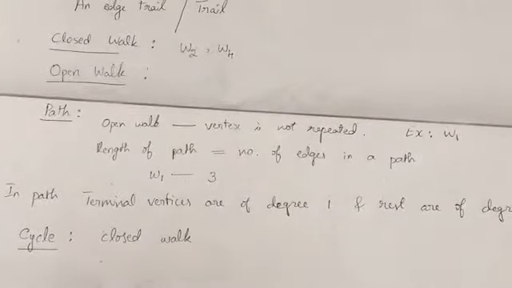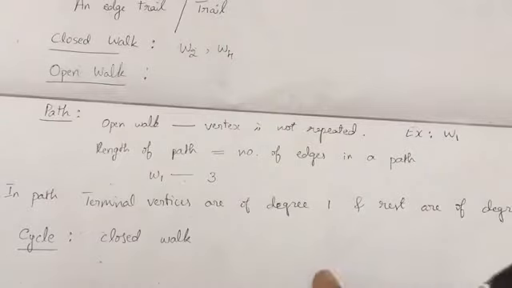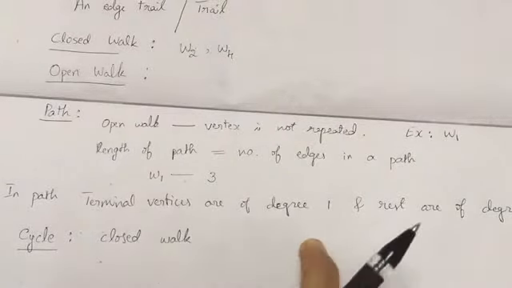Means a cycle is a closed walk in which no vertex other than the initial vertex appears more than once. It starts and ends with the same vertex, so only the initial vertex is repeated twice and none other.